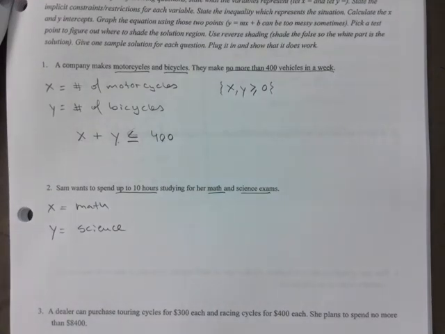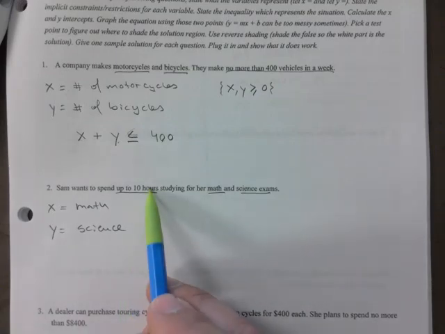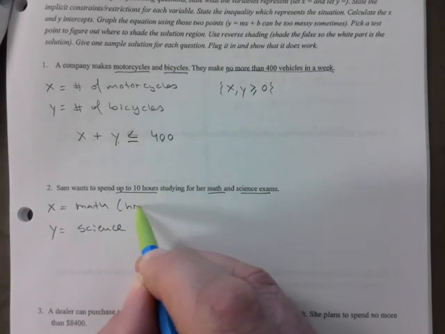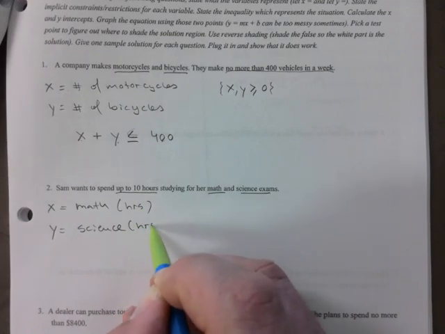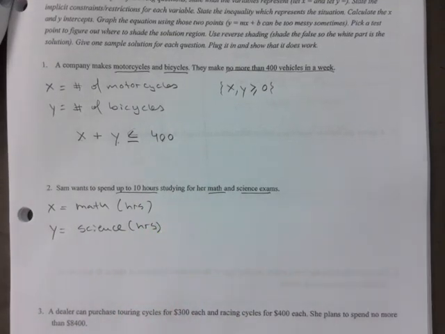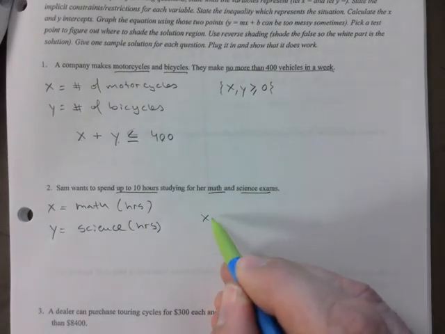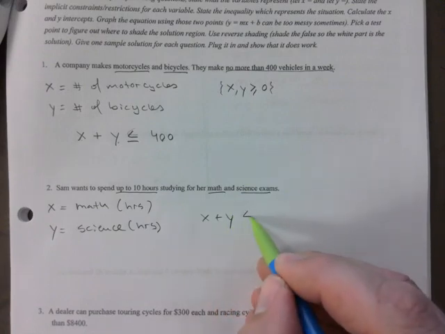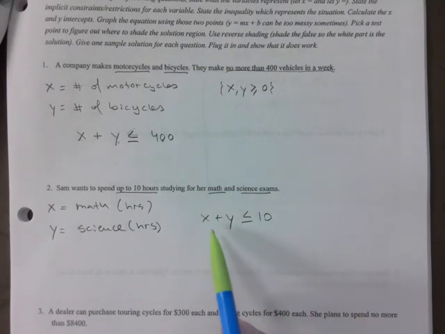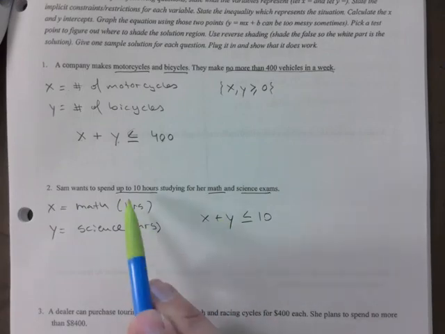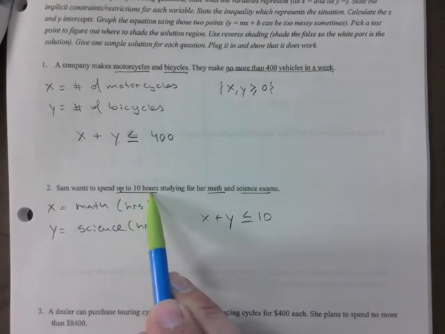Studying for math in what? What units are we dealing with? Hours. So just say math in hours, science in hours, like that you're studying for those in hours. X plus Y is less than or equal to 10 in this case. The amount of hours you spend can be up to 10 hours.